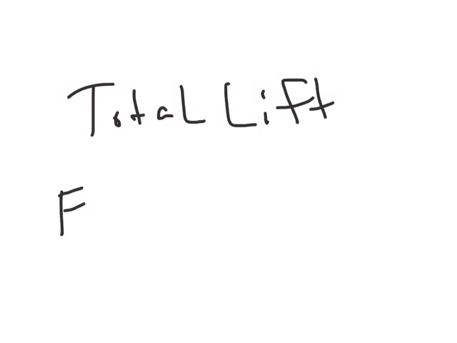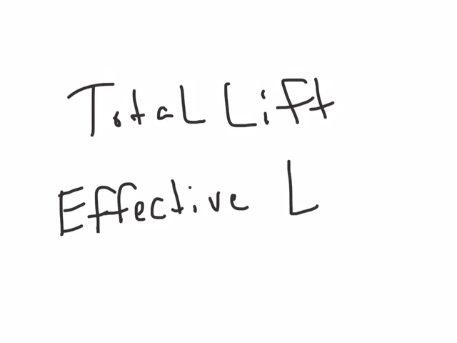So when we refer to effective lift, this is probably not mathematically correct, but for explanation points, effective lift is equal to total lift minus induced drag. It kind of gives you the concept of what effective and total lift is.